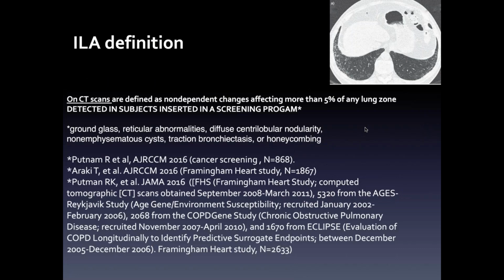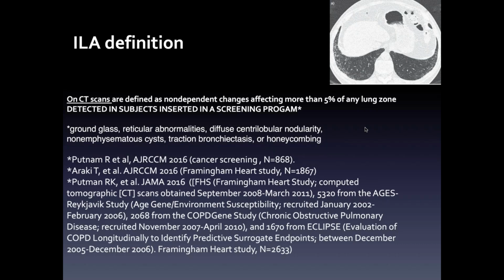So the definition is non-dependent changes affecting more than 5% of any lung region, detected in subjects inserted in a screening program, because they started to perform CT scans in subjects inserted in a screening program for detection of lung cancer or cardiovascular disease.